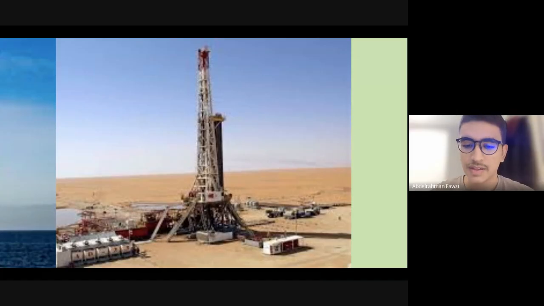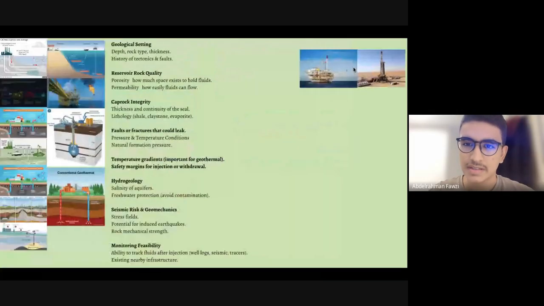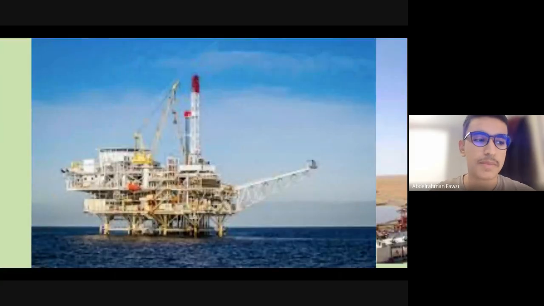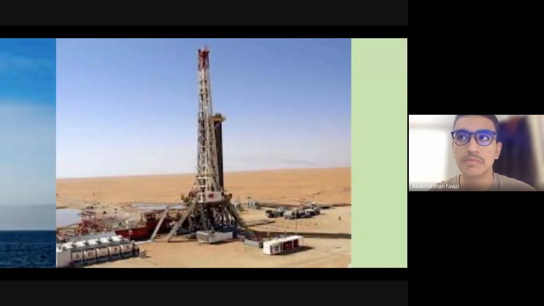Exactly. As you said, generally, but the main problem that we have in water is the amount of money we're going to need to drill a well, right? So, for example, onshore, the amount of money is maybe 7 million to $10 million.